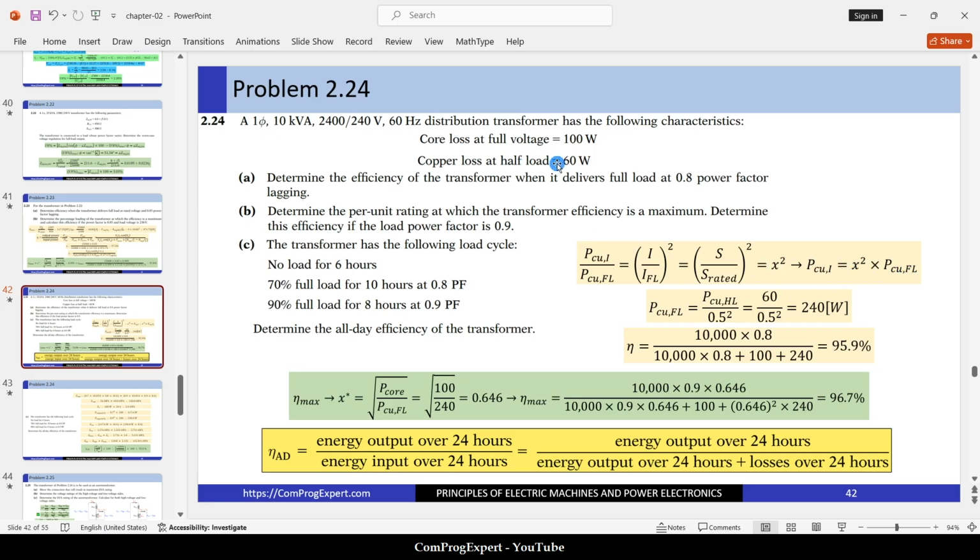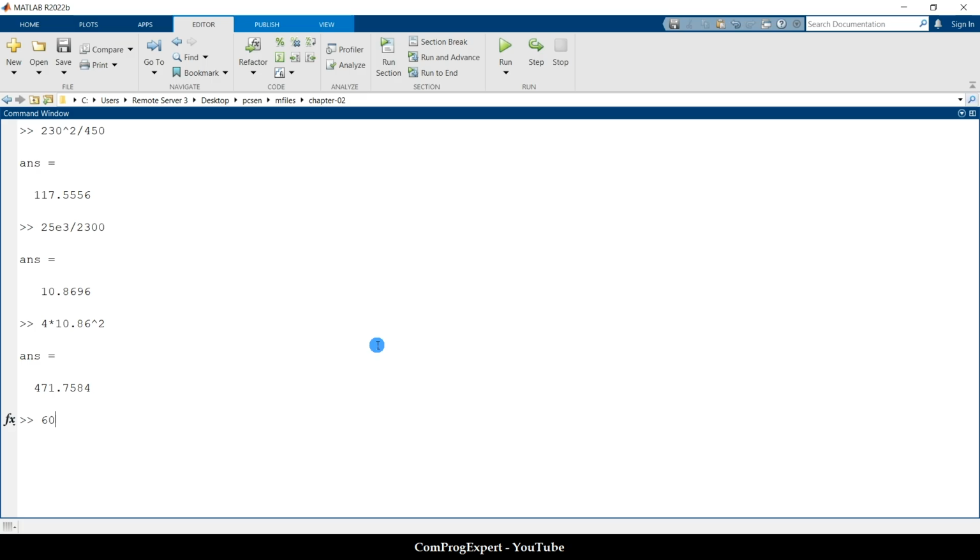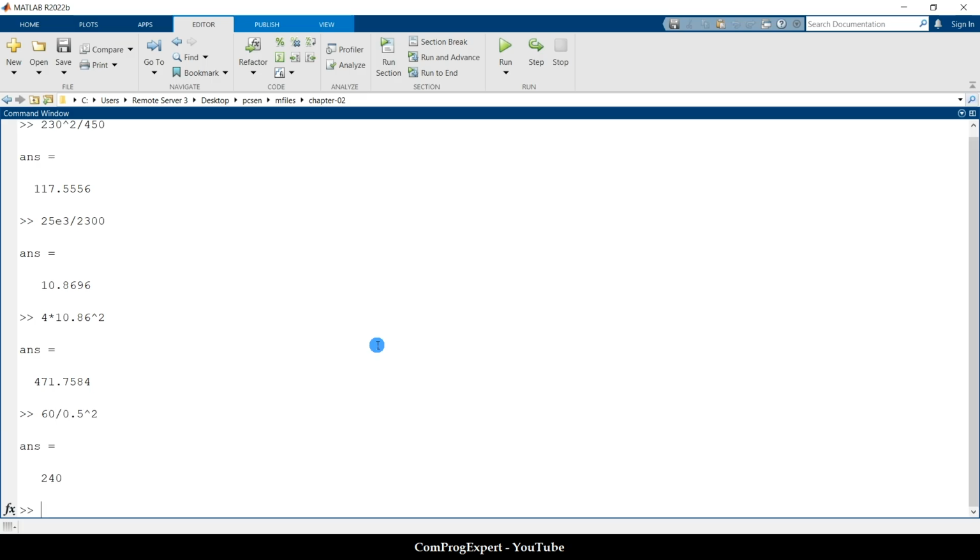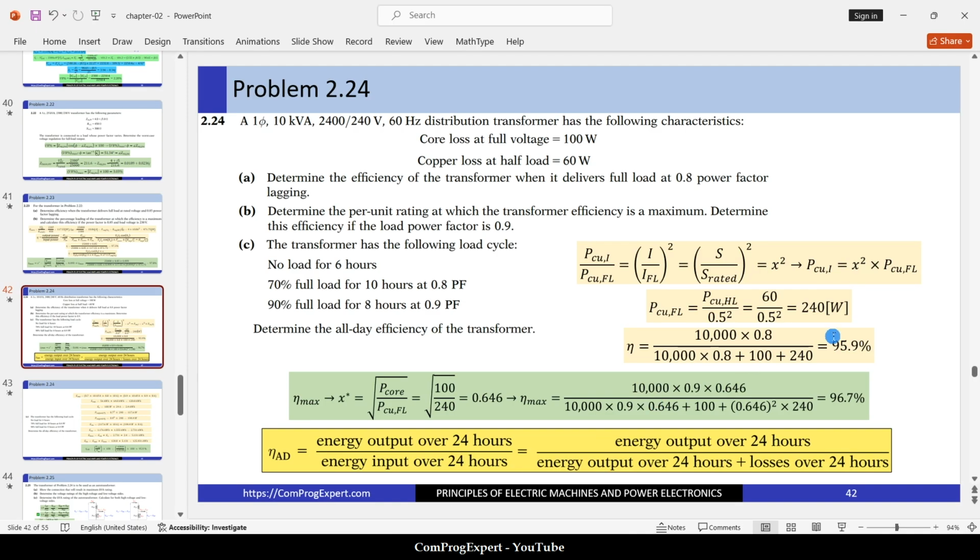For the half load, when x is equal to 0.5, the copper loss is 60. So for the full load it is 60 divided by 0.5 to the power 2, that is 240. This is the value of the copper loss for full load current.